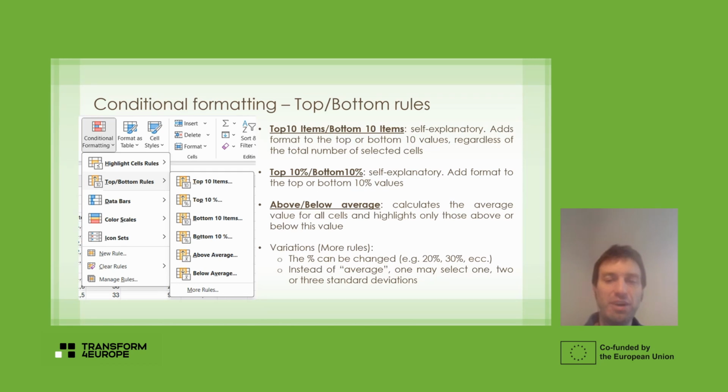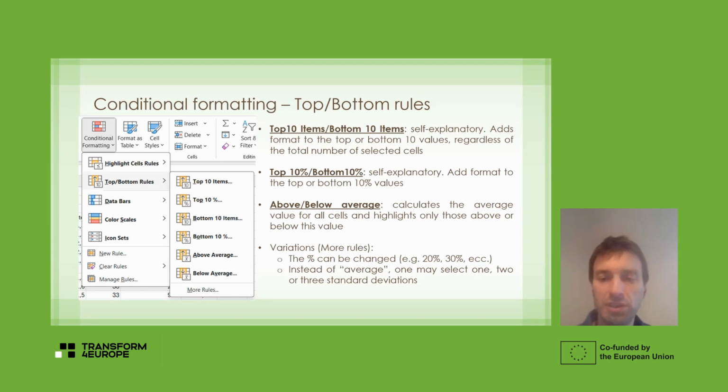So you have the very easy option to select above average or below average. And as I told you, in most cases, you just want to highlight these cells. You want to apply conditional formatting because you want to look at the red cells that satisfy this particular value. Obviously, these rules can be customized.